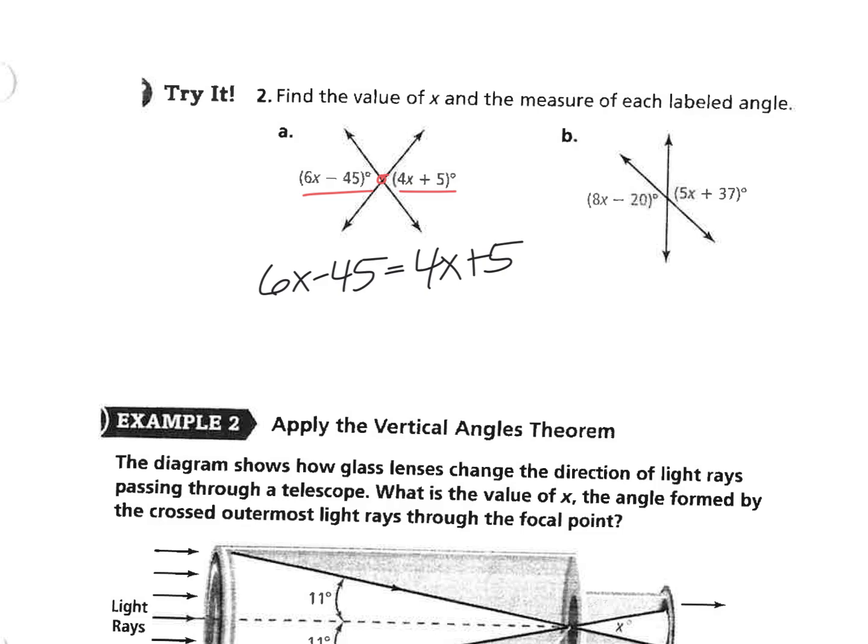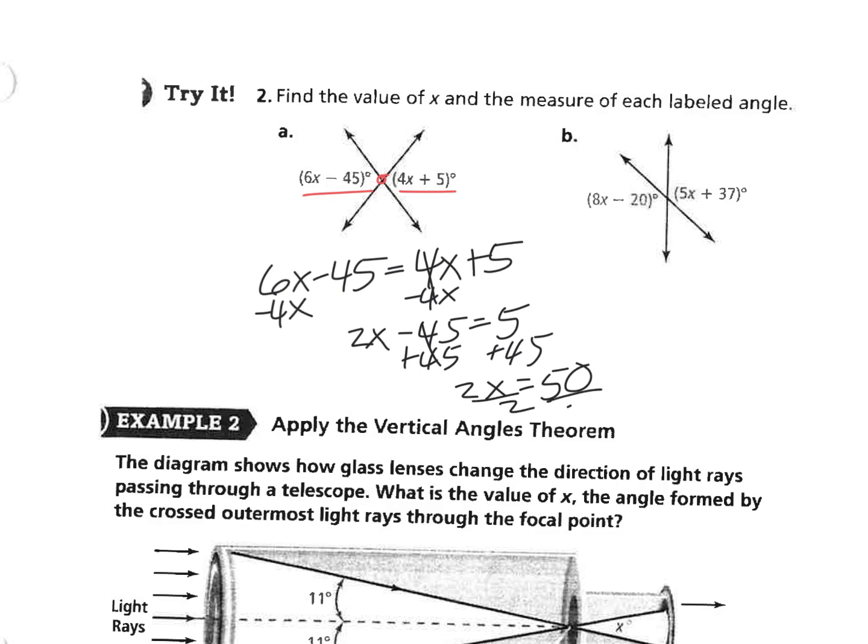We're going to see we've got to do some algebra here. I'm going to subtract 4x from both sides. That's 2x minus 45 equals 5. Now I'm going to add 45. So 2x equals 50, divide by 2, and x equals 25.